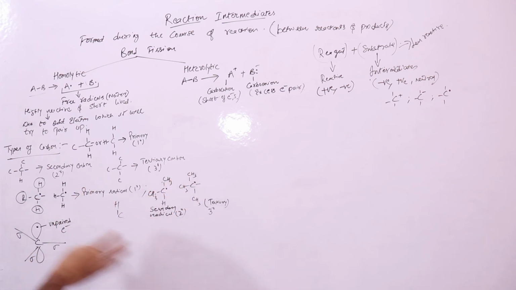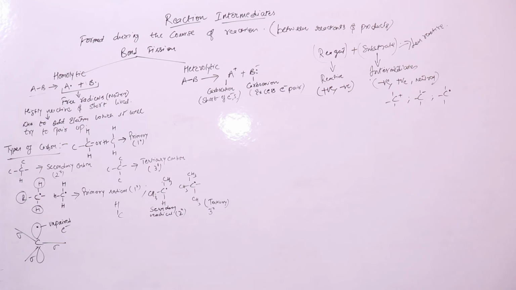And the minimum number of CH bonds are with the primary one, when we talk about CH bonds of the group connected to this carbon atom. Here you have only one, so minimum hyperconjugative resonating structures, so less stability.